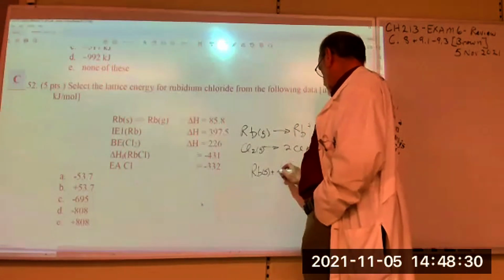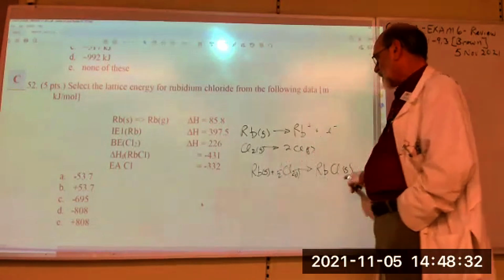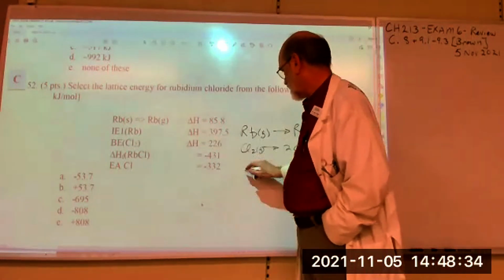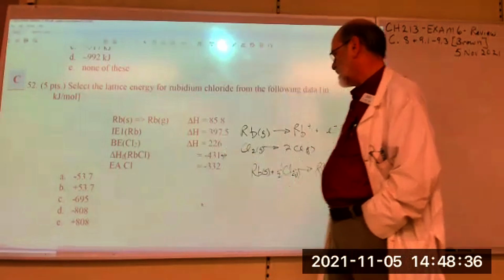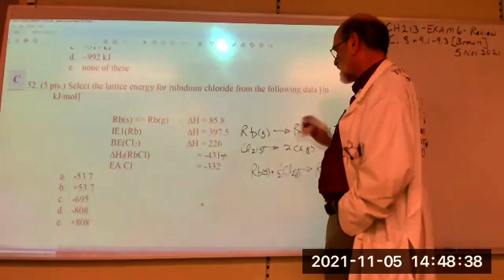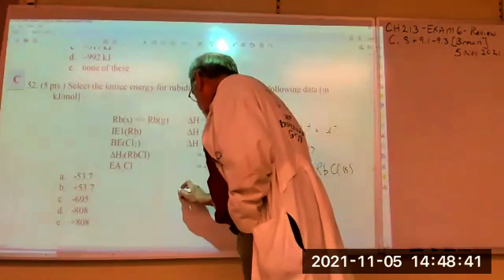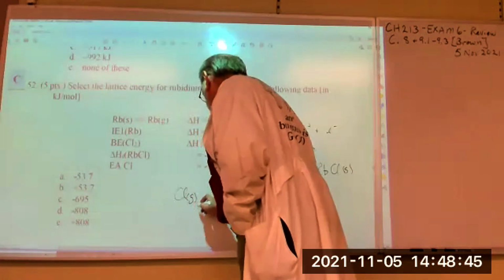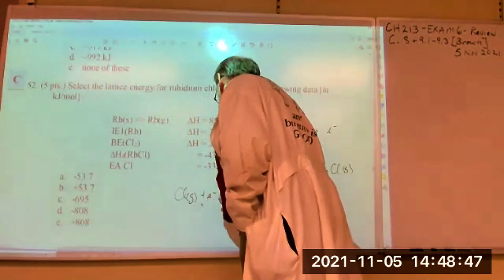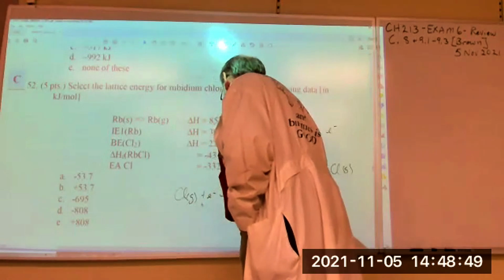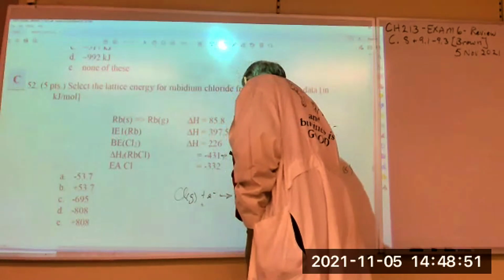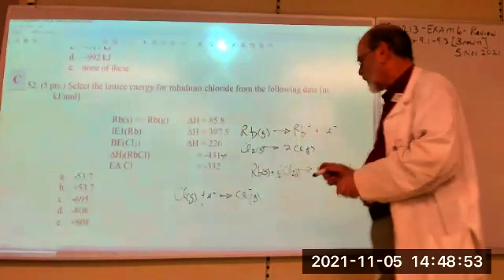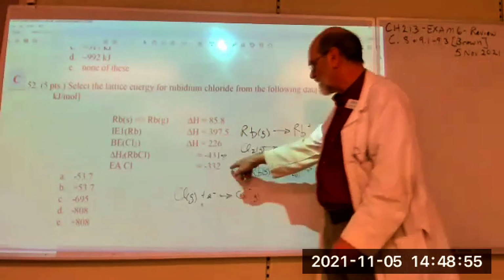So we need half of this one. So that's the equation that goes to this one. And electron affinity for this one is chlorine gas plus an electron yields chloride ion gas. So those are the equations that fit each one of these.